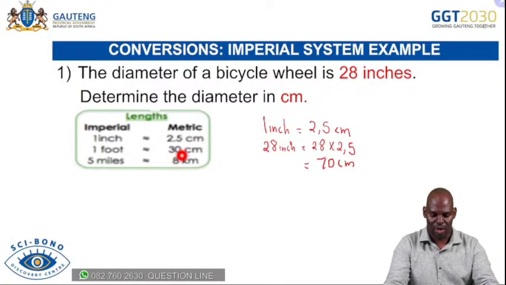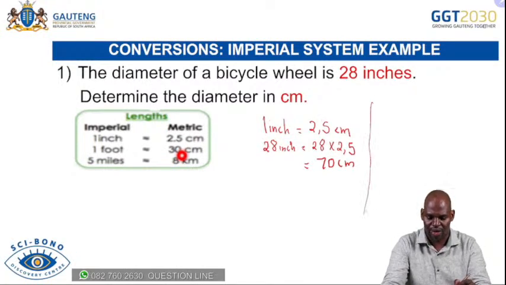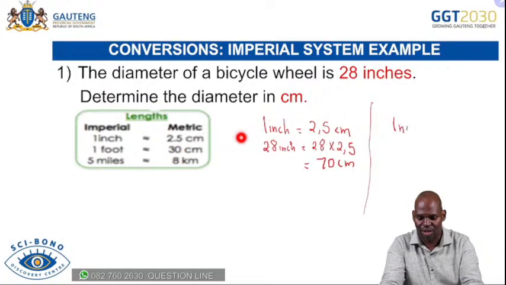Now, this one I've actually used the inspection method, but even if you use cross multiplication, you should get the same answer. The conversion will be 1 inch equals 2,5 centimeters. Then we say 28 inches equals, and for this one we're looking for centimeters.